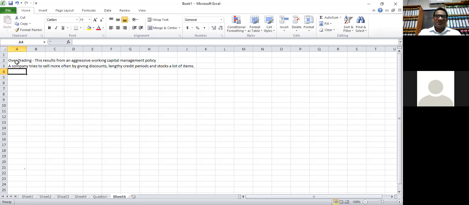And since you don't have money, you purchase on credit terms from suppliers. So you will have a huge amount of creditors. Since you don't have money to pay immediately, you will buy on credit.